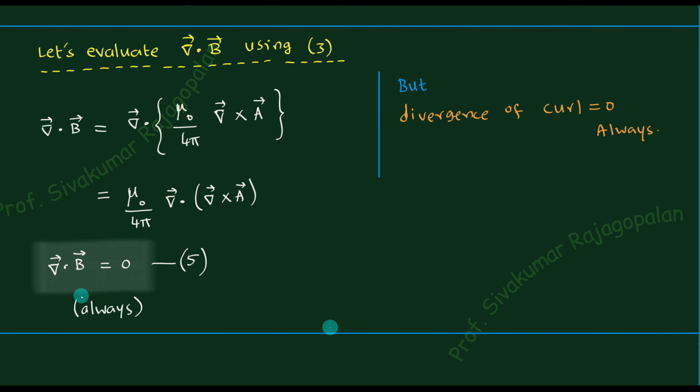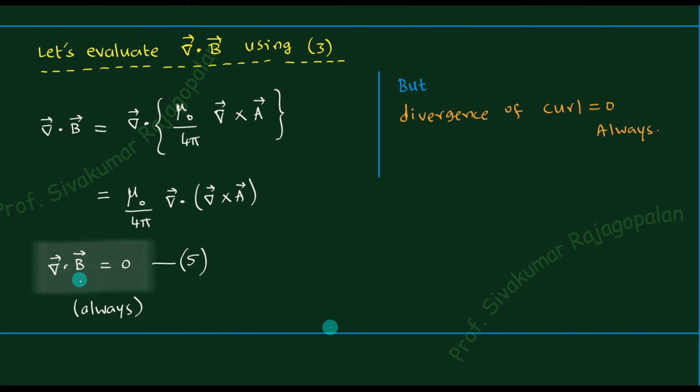So this is the first point. The second point is that the divergence of B equal to 0 means it doesn't diverge out. If you want to plot the contours, the magnetic field lines don't start from one place and then diverge away. That doesn't happen. Instead, magnetic field lines are closed, because that can be verified experimentally. Right from the bar magnet, you know already, it starts from the north pole, goes around and joins at the south pole.